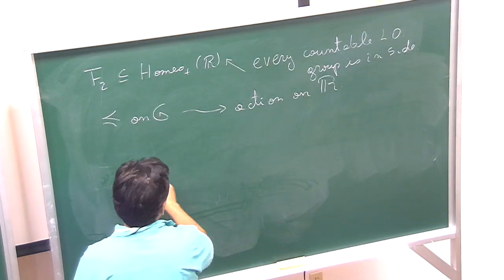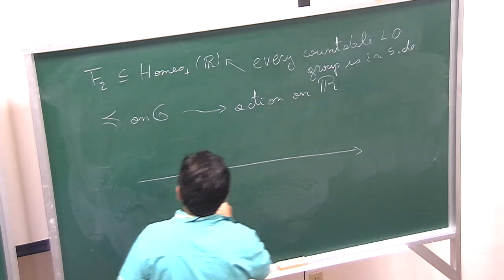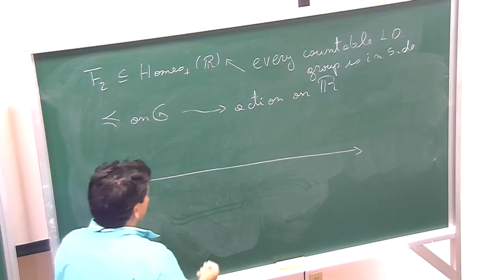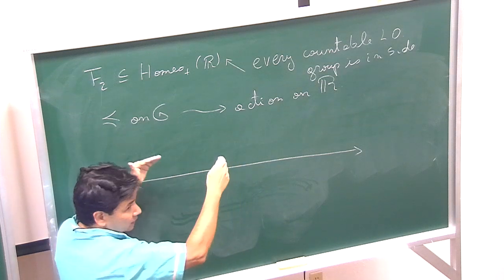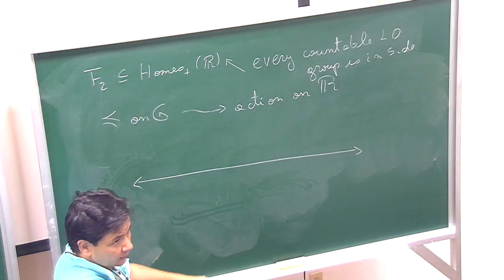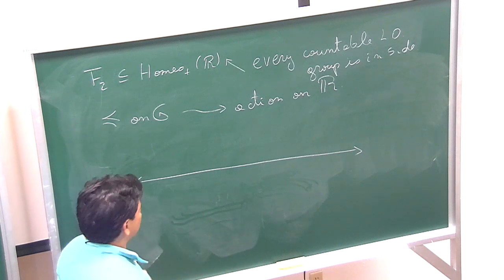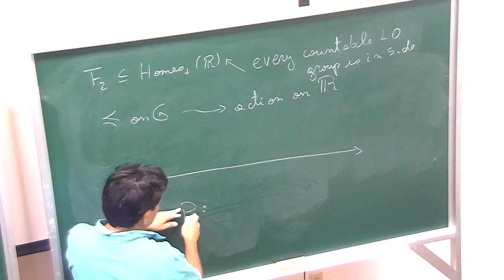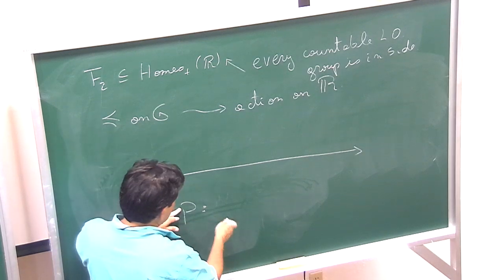I will recall the action because it is important to keep in mind what we are doing. It's somehow tautological: we map the group into the real line in an ordered way. The map I denoted yesterday by P. To each element in the group, we just associate a point.